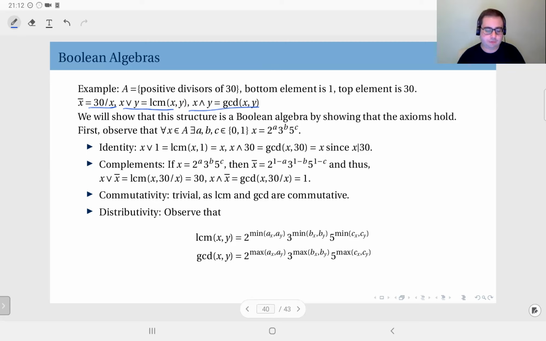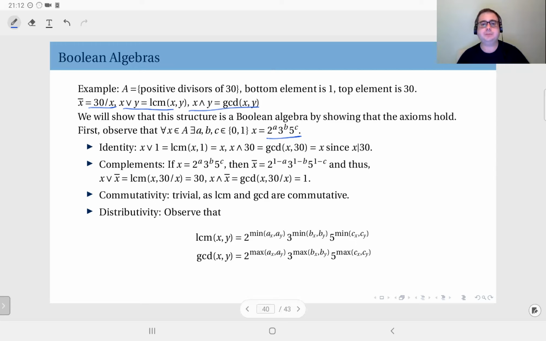Okay, first of all, observe that any number in this set, because it's a positive divisor of 30, can be expressed in this way: 2 to the power a times 3 to the power b times 5 to the power c. And a, b, c here are either 0 or 1. So for instance, 0, 0, 0 for a, b, c gives you 1, 0, 0, 1 gives you 5, 0, 1, 0 gives you 3, 1, 0, 0 gives you 2, 0, 1, 1 gives you 15, and so on. 1, 1, 1 gives you 30.